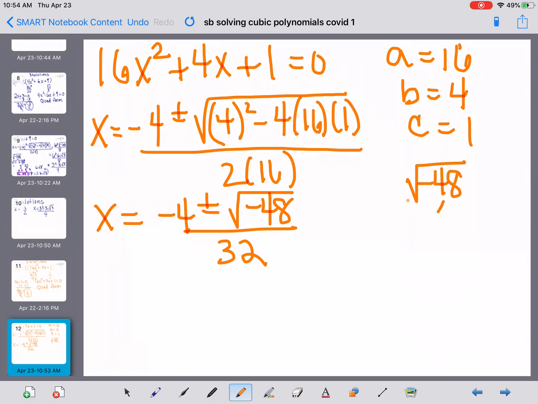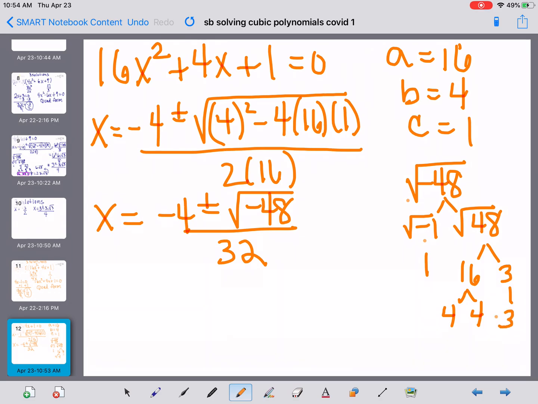And once again, what we have to do is we have to simplify the square root of negative 48. And it's going to be the square root of negative 1 times the square root of 48. The square root of negative 1 is i. And then when we break down 48, I did 16 times 3, which is 4 times 4 times 3.